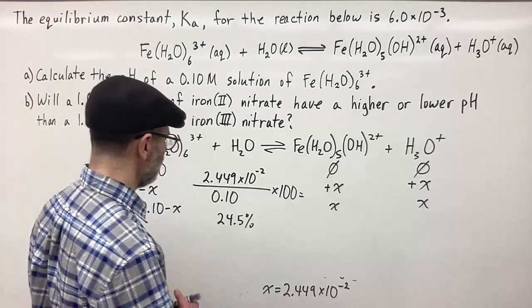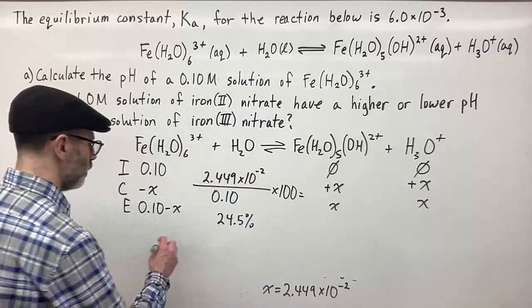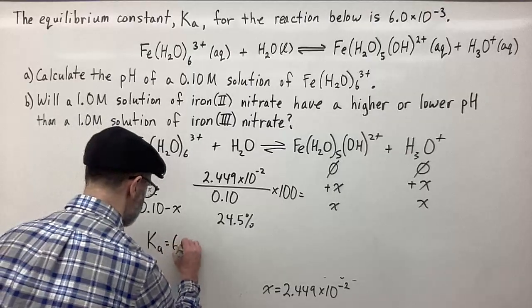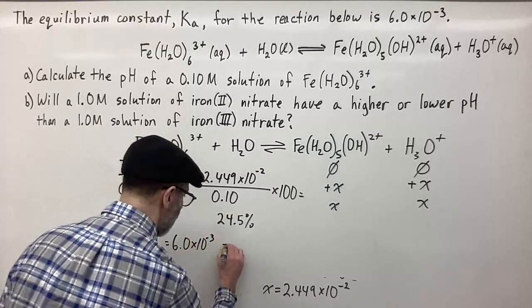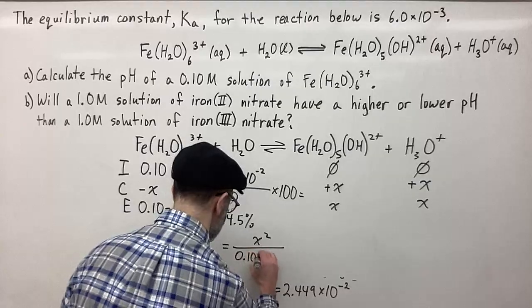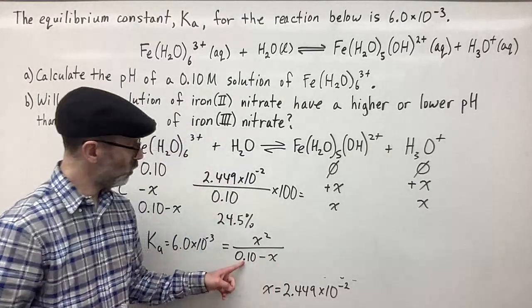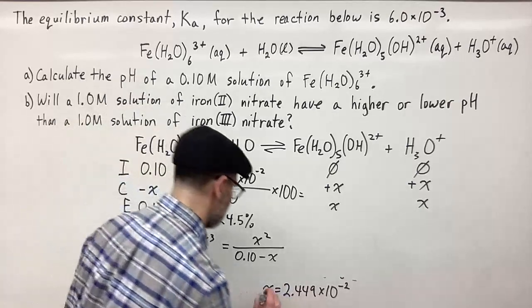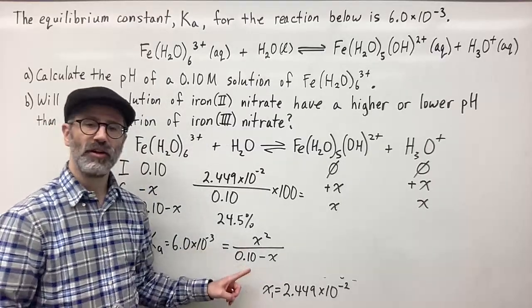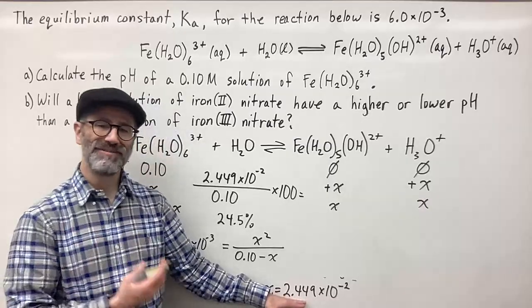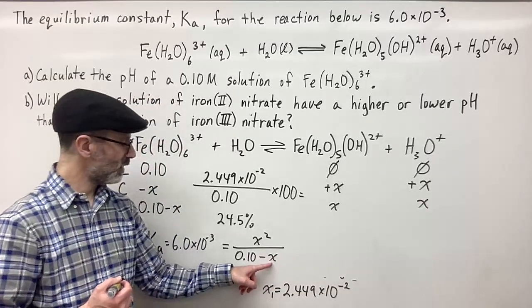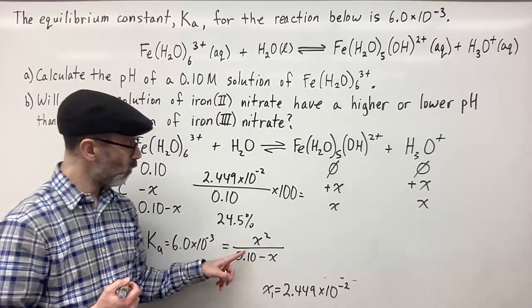And basically what that is, is that we are going to take our K expression, so Ka is equal to 6.0 times 10 to the negative 3, and that's equal to X squared over 0.10 minus X. And we're going to say this is X1, and we're going to perform an iterative process by which I take my X value that I found using the X is negligible assumption, and I'm going to just plug it back in here and solve for X again.